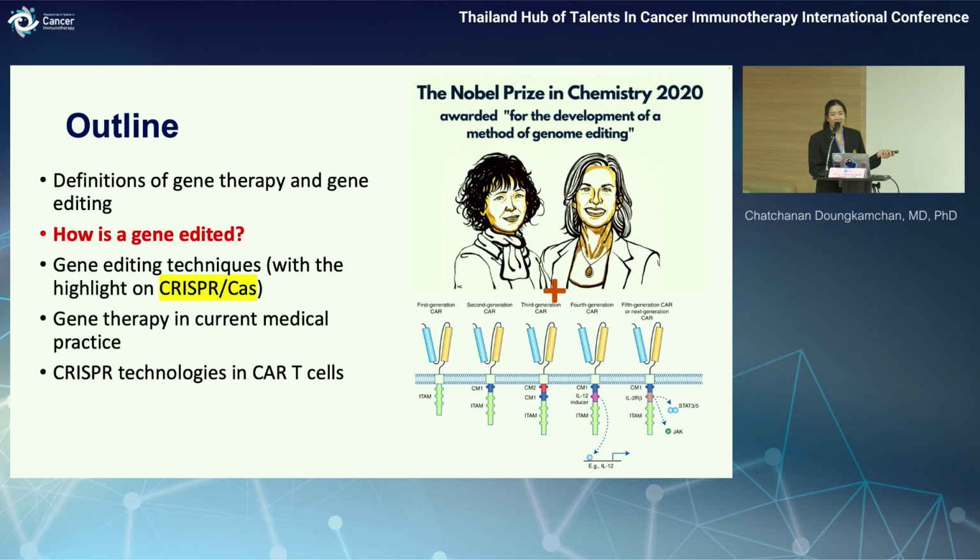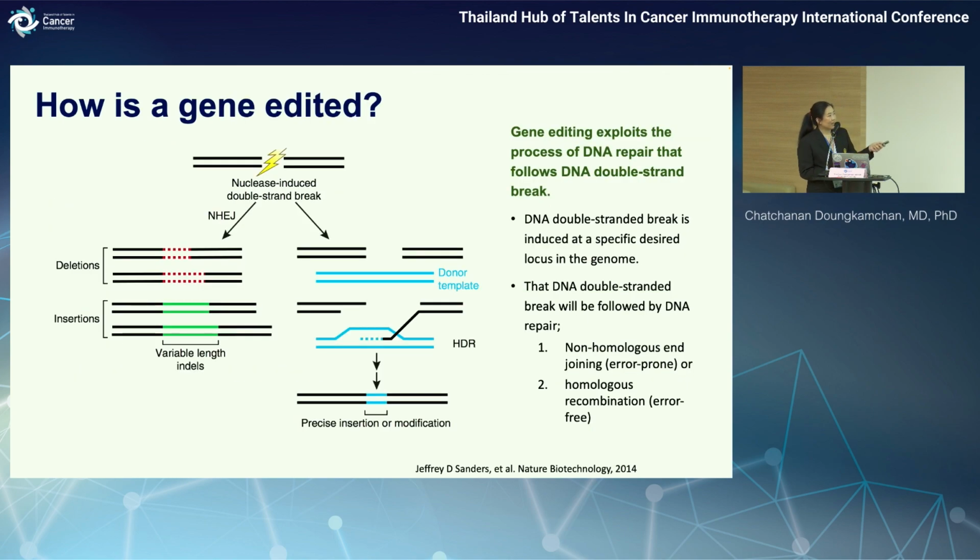How is a gene edited? Again, I'd like to start with this diagram, which is just a simple diagram of how the gene is repaired after a DNA double-stranded break. The upstream of the event is the double-stranded break, and then you can see that the main repair pathways are first non-homologous end joining, and another pathway is HDR, or homology-directed repair.